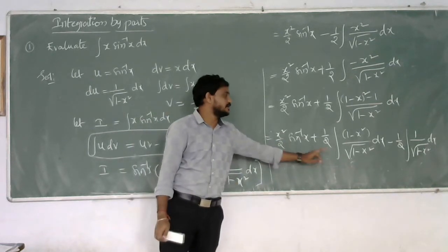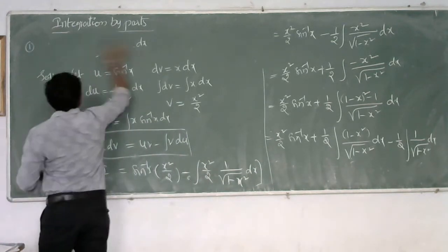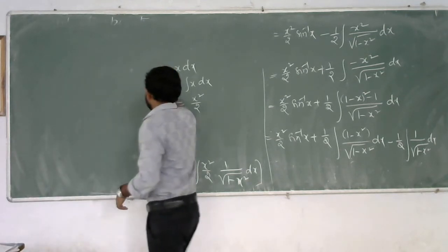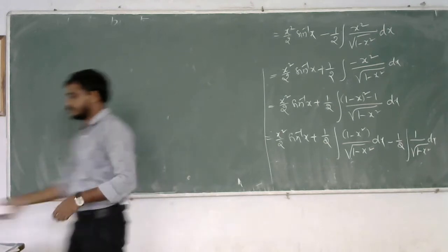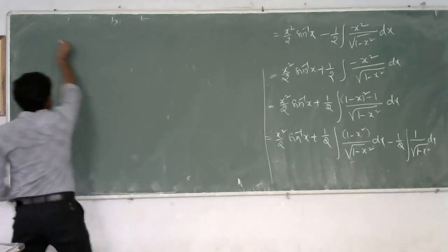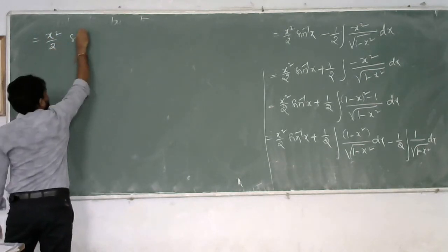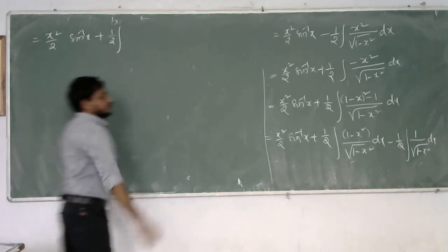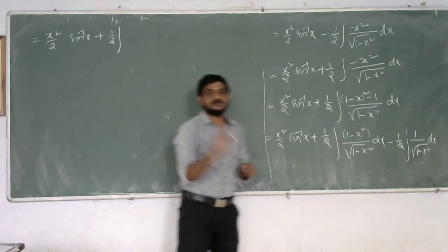Now let us integrate these two values. See here, x square by 2 into sin inverse of x plus 1 by 2 integral. In the denominator we have under root of 1 minus x square. In the numerator we have only 1 minus x square.